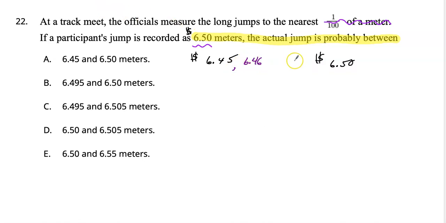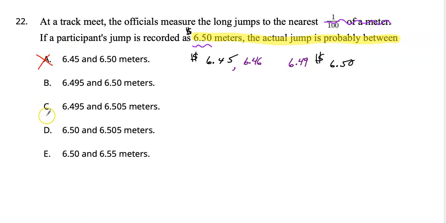Or you might say $6.49, right? You wouldn't say $6.50. So it doesn't make sense that $6.50 is between $6.45 and $6.50. It would be numbers between, like $6.46, $6.47, $6.48, or $6.49. So A is gone.